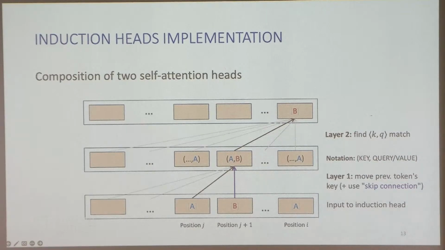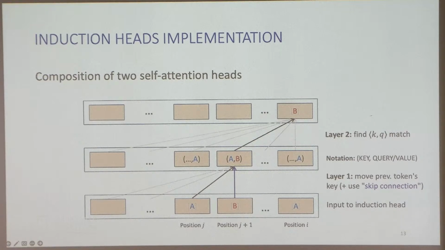There are two steps to this implementation. You couldn't easily do it with just one self-attention head; it really required this two-step process. In some sense, you can prove something like this, in the same way that a linear threshold function can't do XOR.